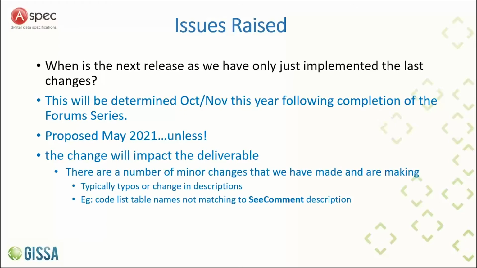At the moment, we've done a number of minor changes, typically the typos or a change in description. We don't see that as requiring an update, because whether our grammar is incorrect or we have a spelling mistake in the description, it's not going to have a major impact on the deliverable.